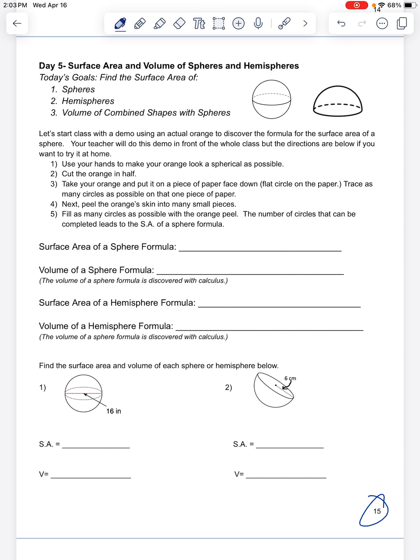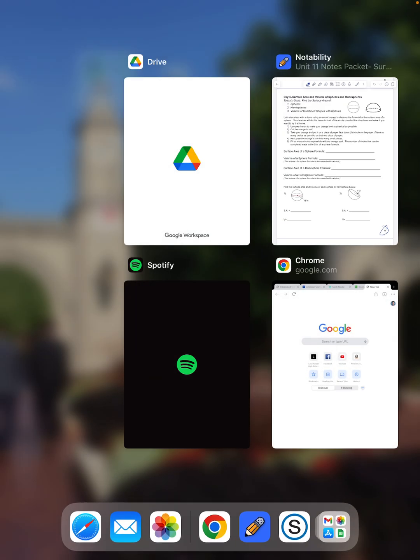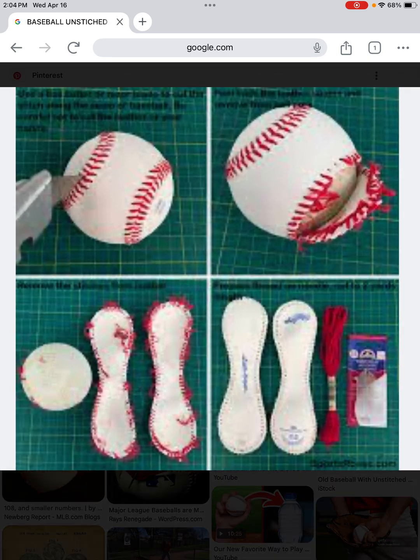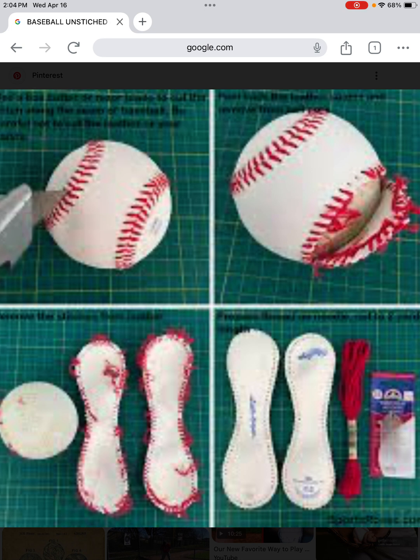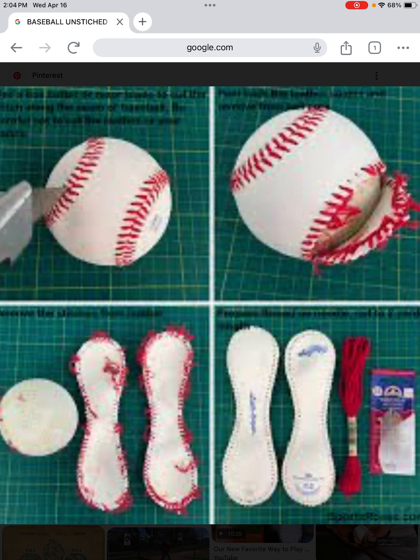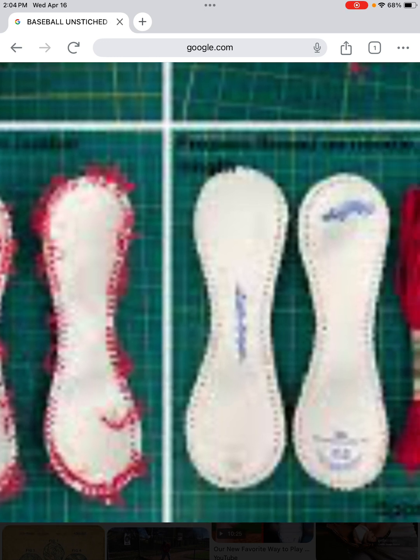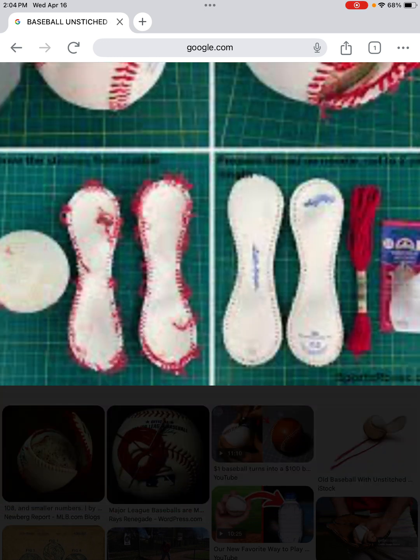We are going to skip this orange peel example. Instead, I'm going to show you something else for the surface area of a sphere. A baseball is a sphere. If I were to deconstruct a baseball, like unstitch it, like you see in these pictures, it's kind of like 4 little circles put together.